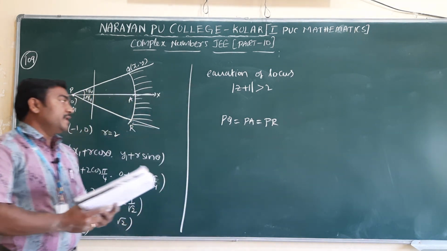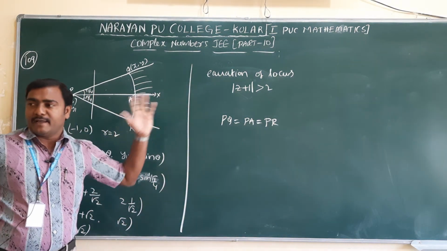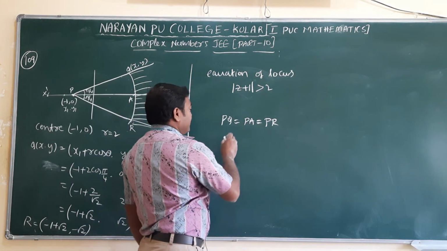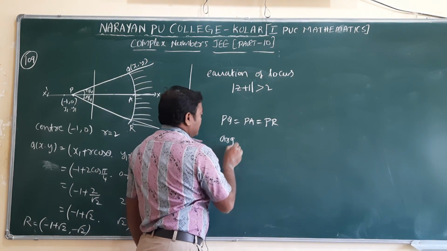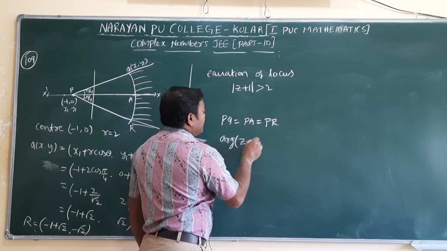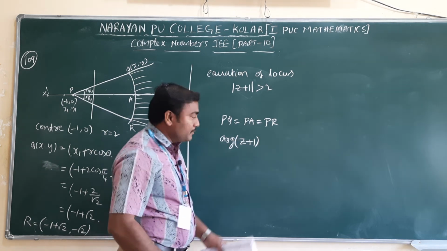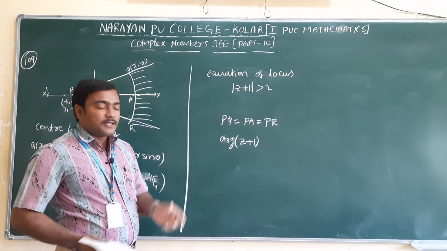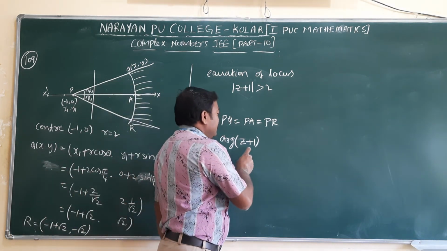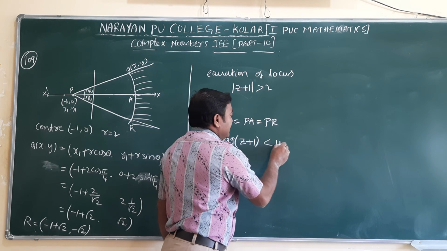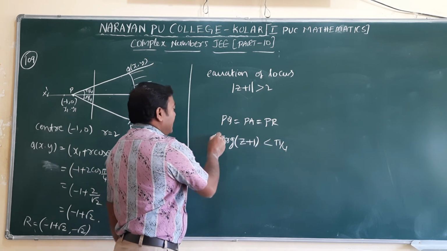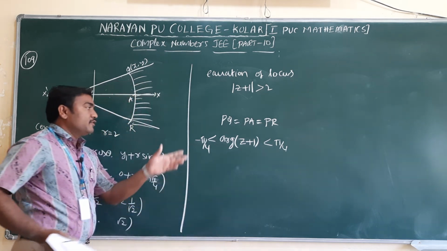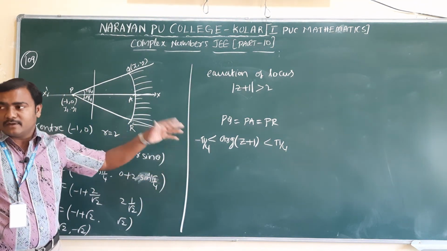The angle should be, the argument should be pi by 4. Now here the argument of z plus 1, because all are equal, the angle should be pi by 4 only. So here the argument of z plus 1 is less than pi by 4 and greater than minus pi by 4, because PQ, PR are all equal, the angle should also be the same.